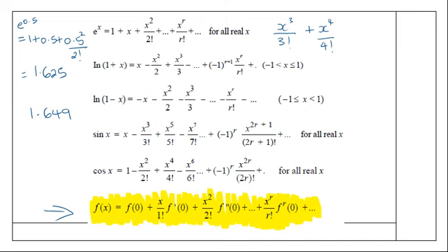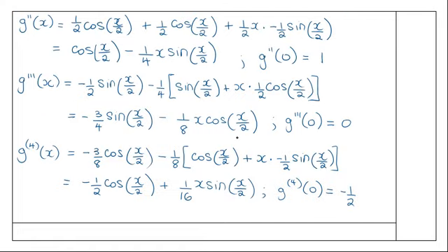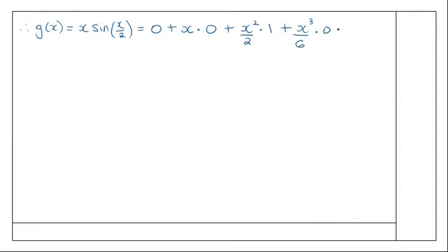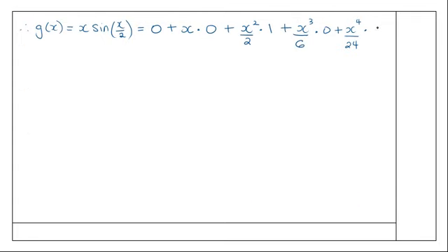It's going to be x cubed over 3 factorial times the g triple prime of 0. So the third derivative with 0 plugged in, which had given us 0. And then finally, the x to the 4 over 4 factorial, which is 24, times that fourth derivative that we had gotten to be negative half.